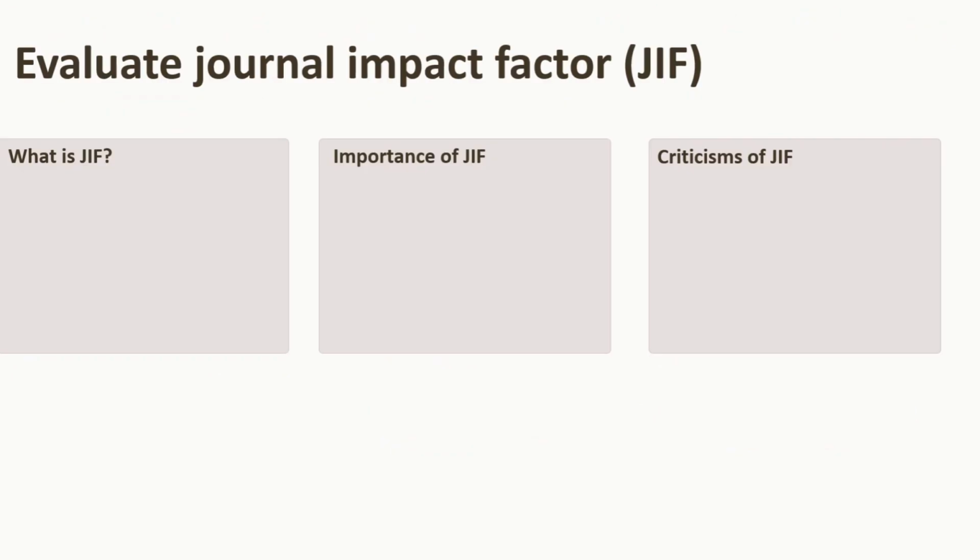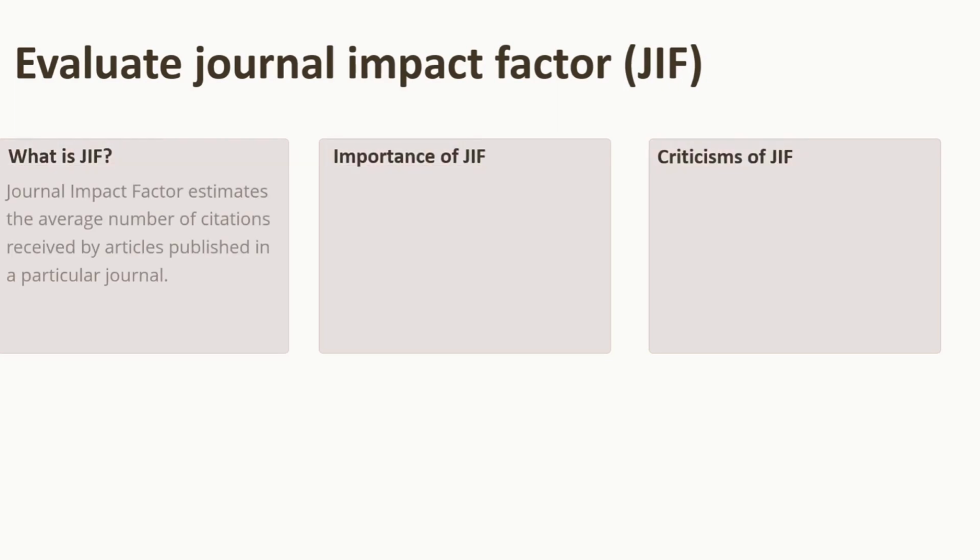Moving to the next topic, the journal impact factor. Is it very important to think about the journal impact factor? What is it, what is its importance, and how do we understand the JIF? Impact factor estimates the average number of citations received by articles published in a particular journal.